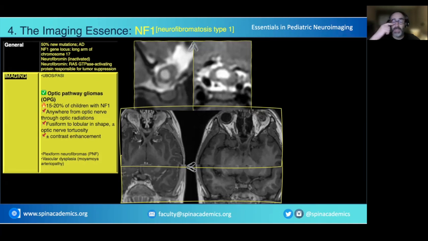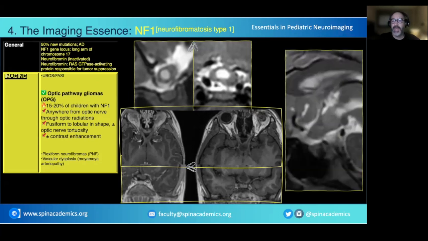Personally, if there's an NF1 which is diagnosed and you know all the findings, maybe you can be more conservative and not use gadolinium in every exploration. But that's an opinion. And you have to do the differential with hamartomatous lesions in the third ventricle, which you can see also in NF1, and they're not gliomas.